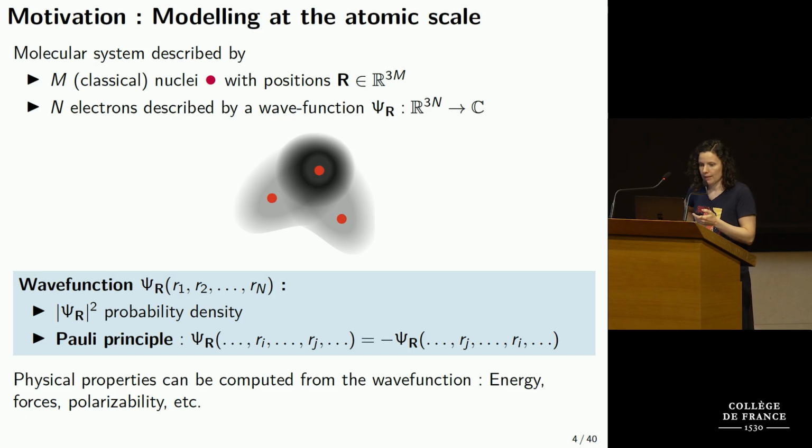The physical meaning of the wave function is that the modulus square of the wave function is the probability density of finding the first electron in the first position up to the Nth electron in the Nth position. A very nice feature of the wave function is that it can be used to recover many physical properties, such as the energy, the forces, polarizability, or even more complicated properties.